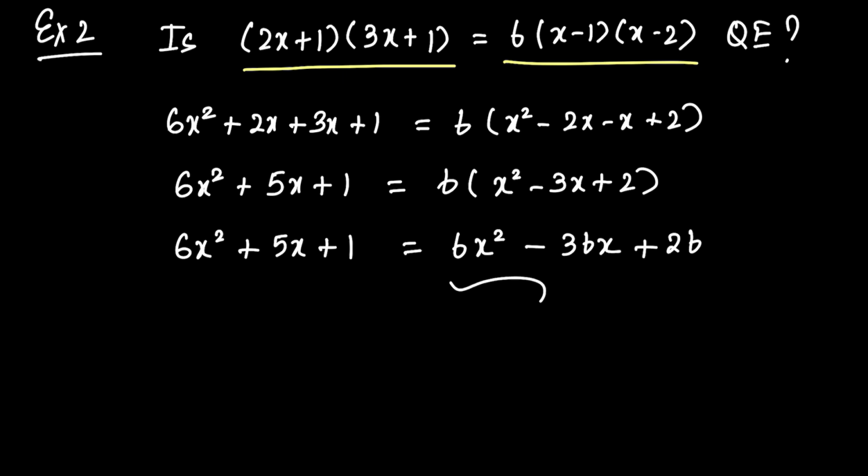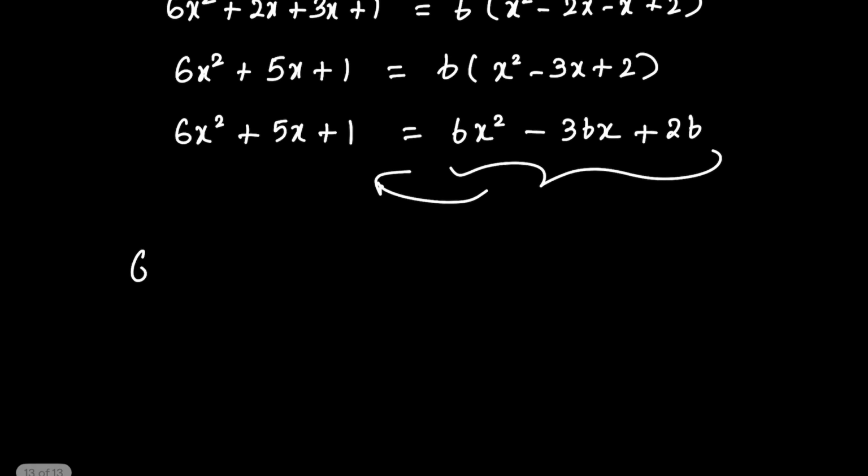So we can take all these terms here on the left hand side. This becomes 6x square, and try to put the alike terms together.